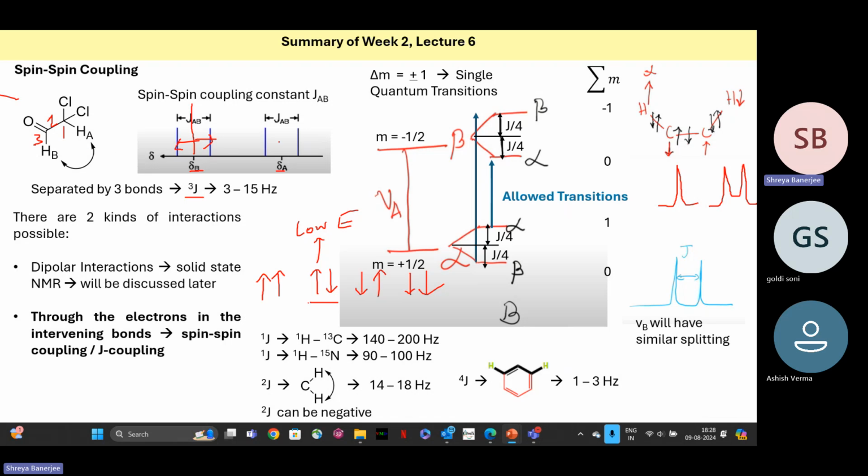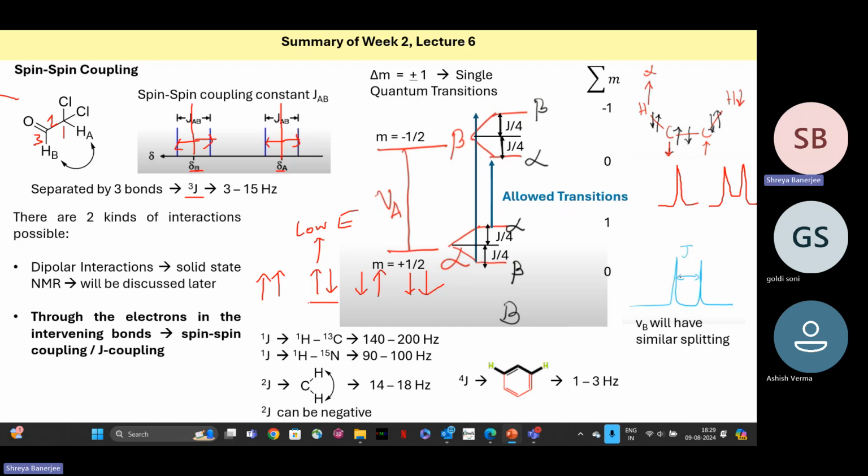Similarly, proton A will also get split by proton B into two separate lines. So instead of two single peaks, we are getting two peaks for each proton, and this is called a doublet. Now, this we saw was 3J coupling.